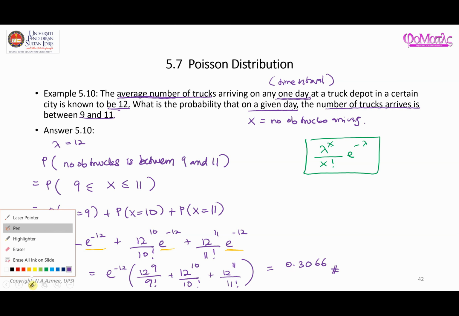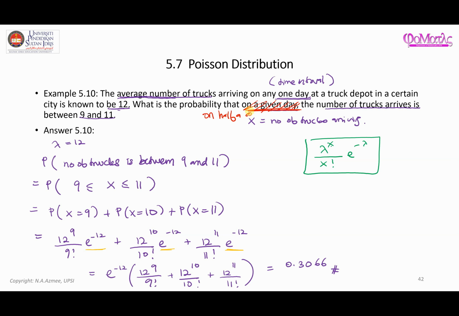Now, let's say that we twist the question slightly. Let's say that the question is asking you, instead of on a given day, what's the probability that in half a day, the number of trucks arriving is between 9 and 11.